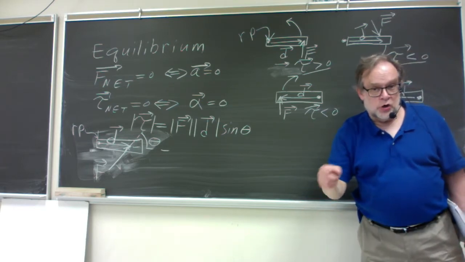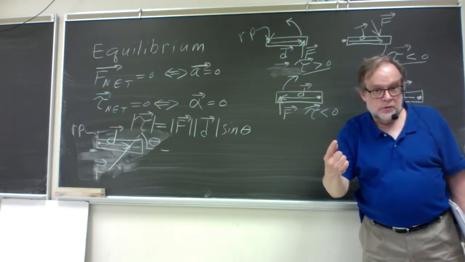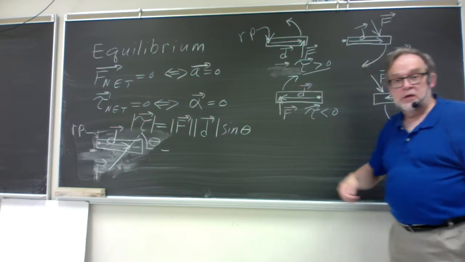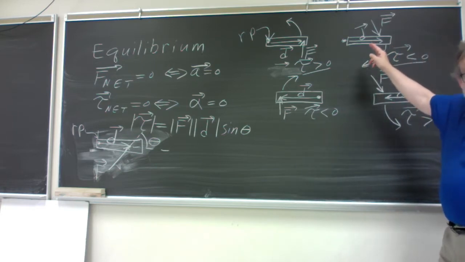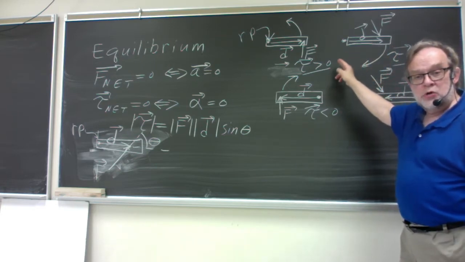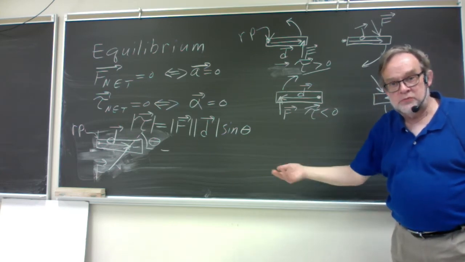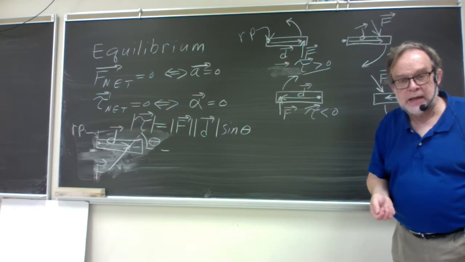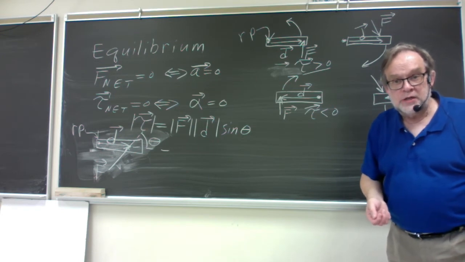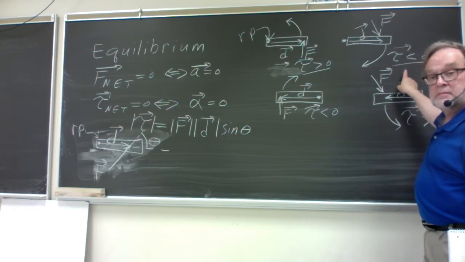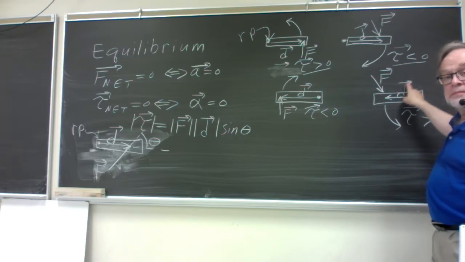Clockwise rotation we call a negative rotational velocity. So the rotational velocity of this rod has gone from 0 to something negative. Negative rotational velocity has been added, and any torque that does that, we call it a negative torque.